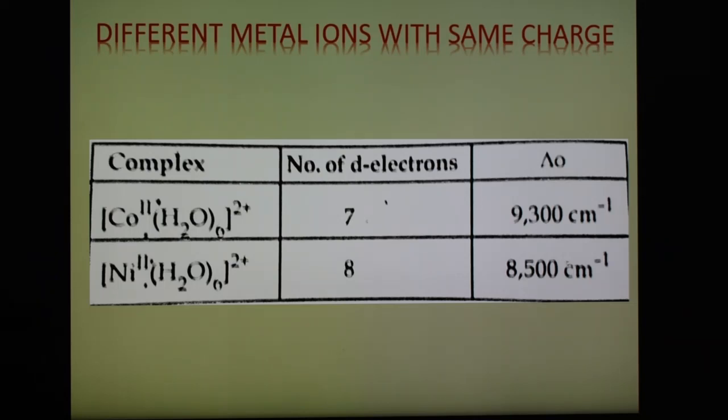So it is observed that for complexes having cations with the same charge but a different number of d electrons in the central metal cation, the magnitude of delta O decreases with the increase in the number of d electrons. So as the number of d electrons increases, the delta value decreases, and this is one example shown in this table. So this is the second case in the nature of the metal ion.